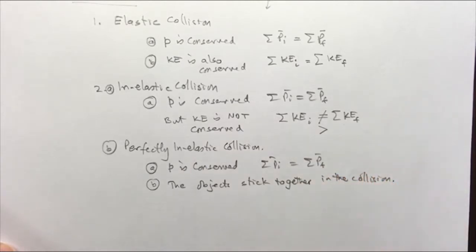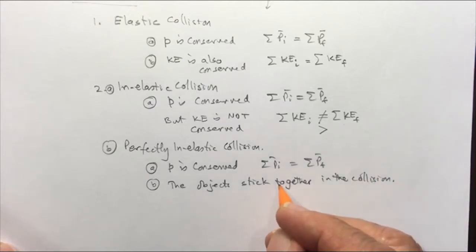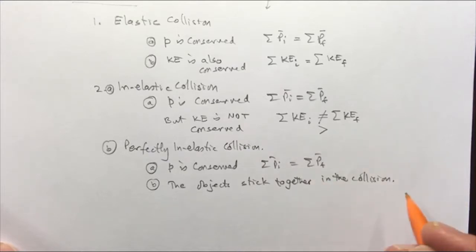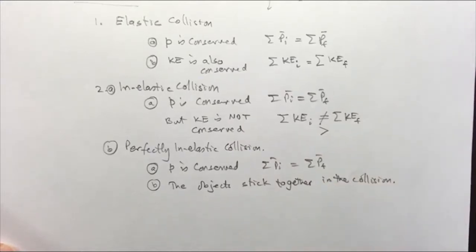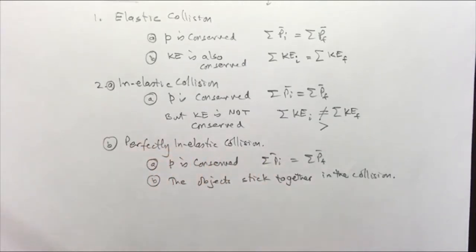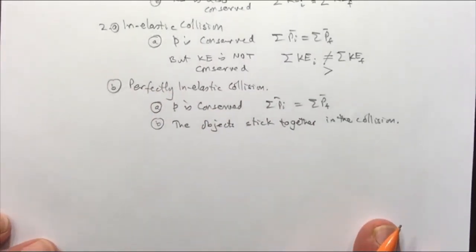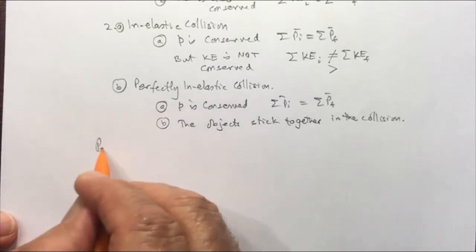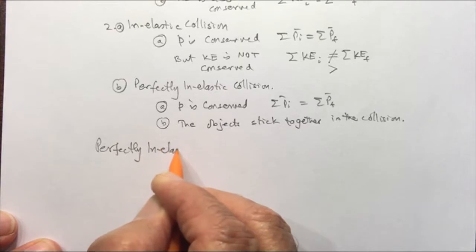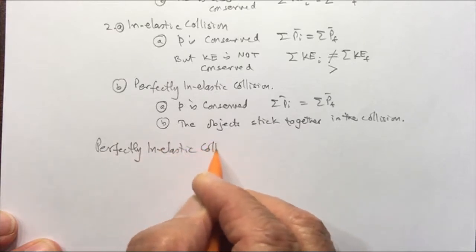So they don't hit and bounce off, but they hit each other and coalesce, or they just join together and move off as one object. So this would be a perfectly inelastic collision. It's the easiest one to solve, and so we'll start off with this kind of collision, the perfectly inelastic collision.